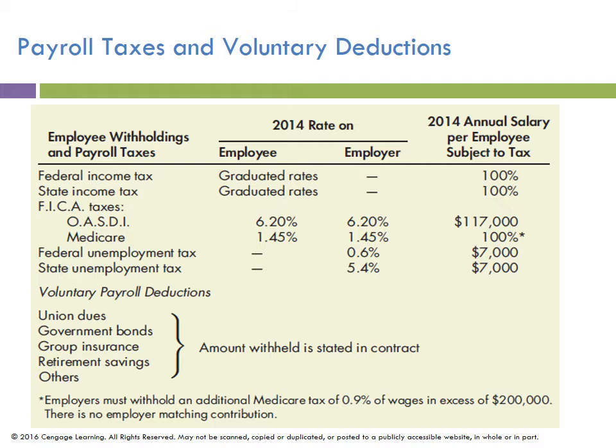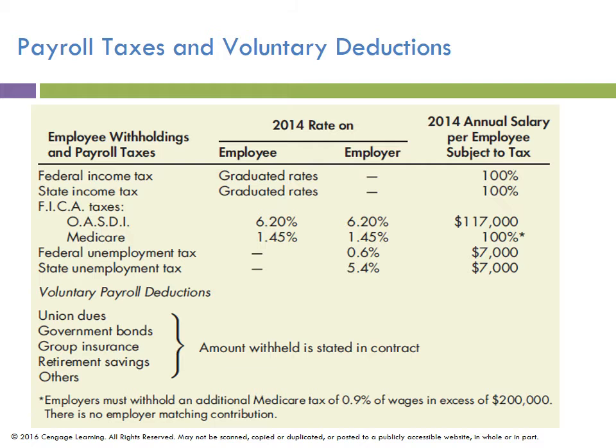They didn't change these slides, but that's the 2016. The first 117,000 of an employee's gross wage will be taxed at 6.2%. Once an employee makes 117,000 in 2016, they stop paying that tax. In 2017, it was 127,900. I'm not sure what it is for 2018.